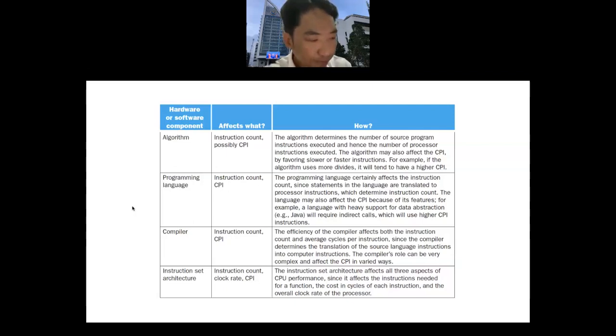And the compiler, I'm not quite sure whether you have ever heard about the optimized compiler or not.